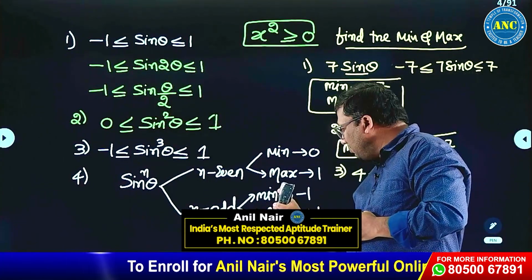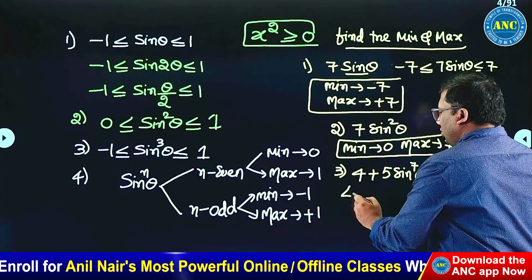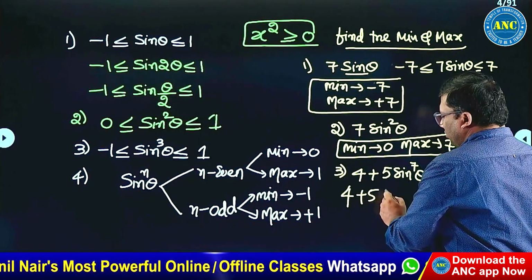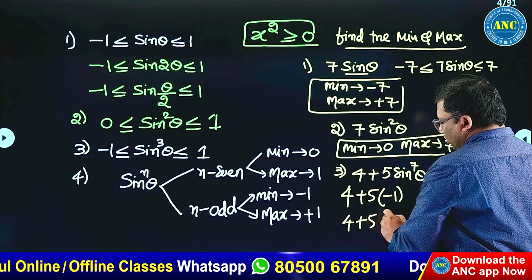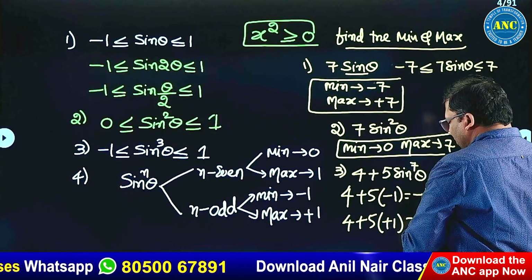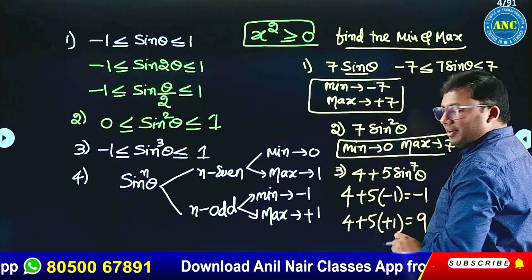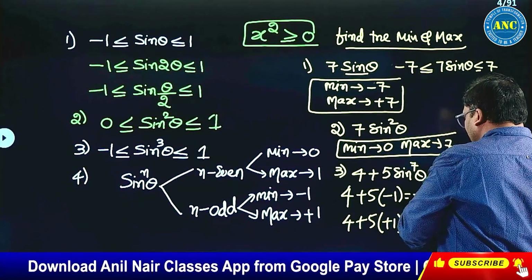Odd means minimum minus 1, maximum plus 1. 4 plus 5 into minus 1, 4 plus 5 into plus 1. 4 minus 5 is minus 1. 4 plus 5 is 9. Minimum is minus 1 and maximum is 9.